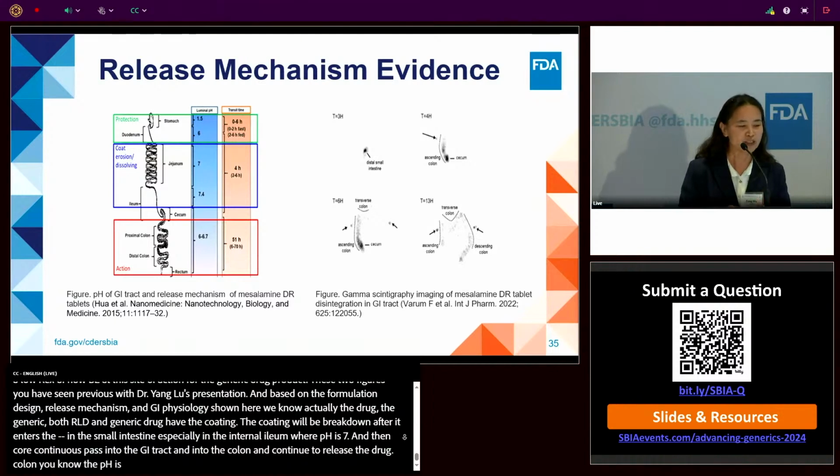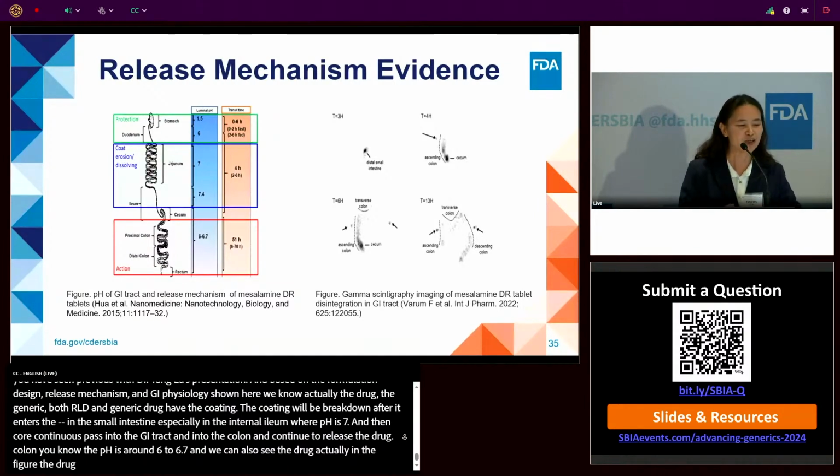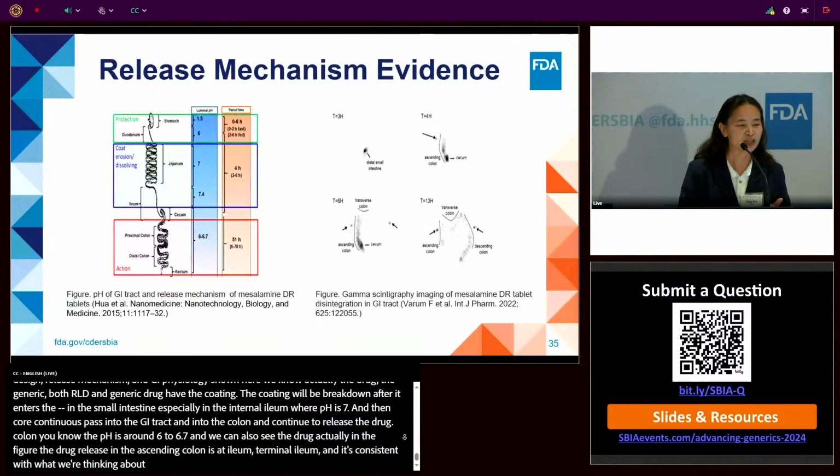We can also see in the scintigraphic figure that the drug release occurs in the ascending colon, at the terminal ileum. It is consistent with what we are thinking about the release mechanism. These are also consistent with our PBPK modeling.